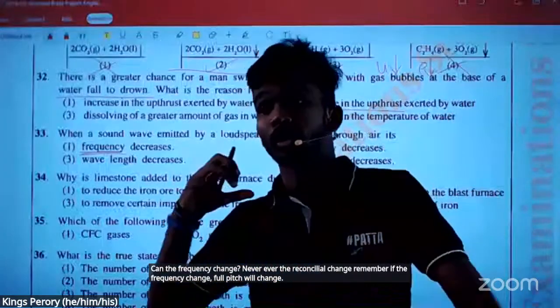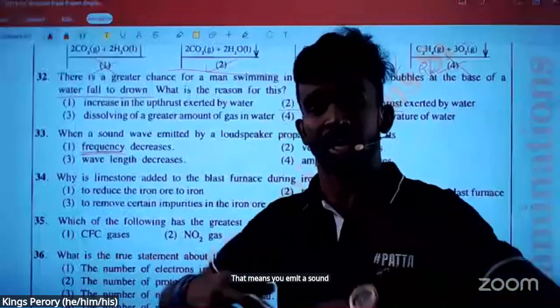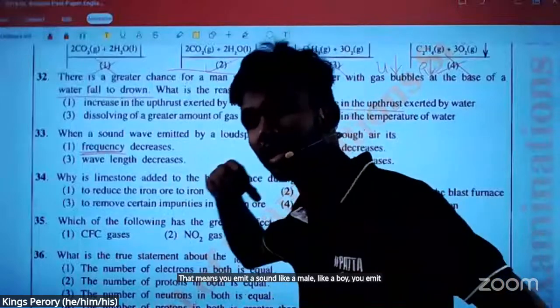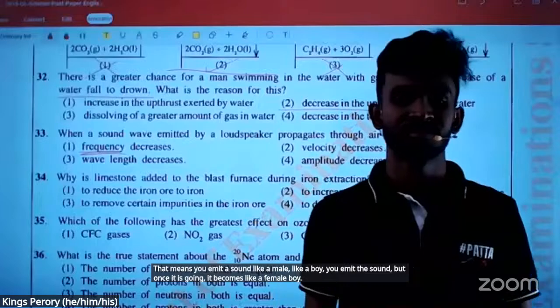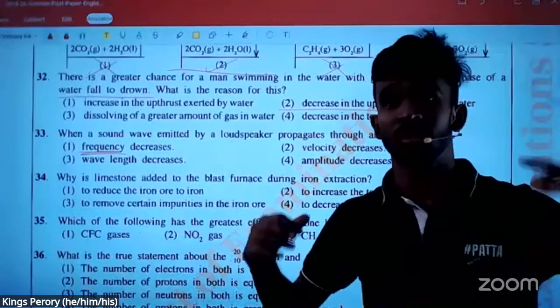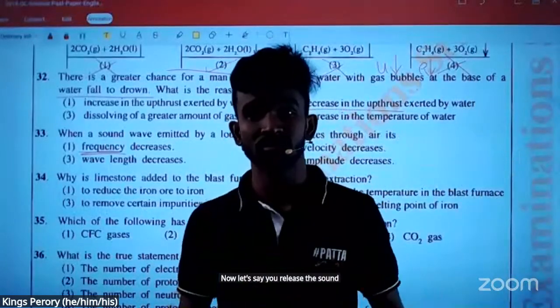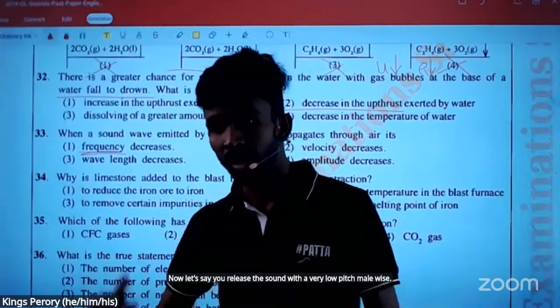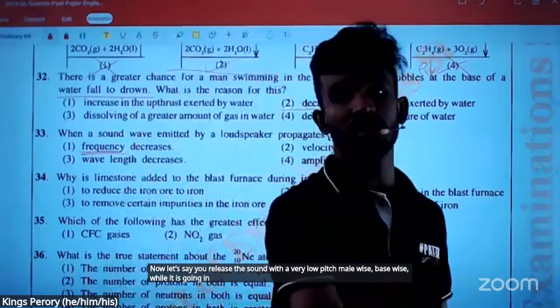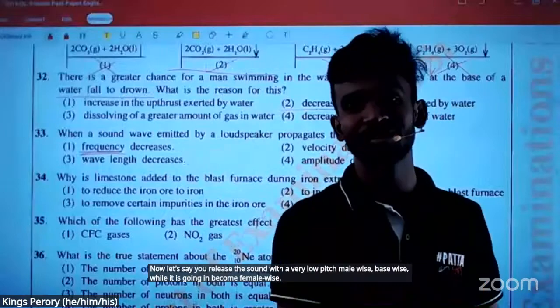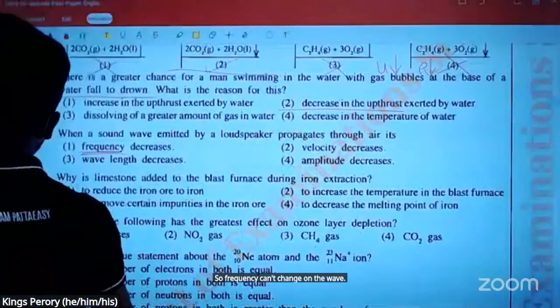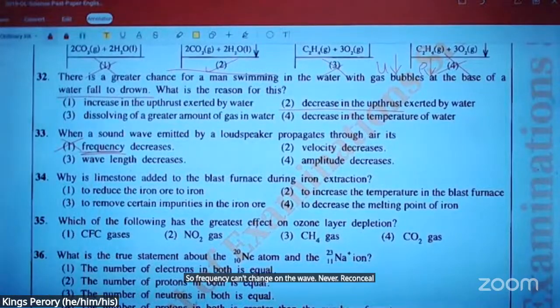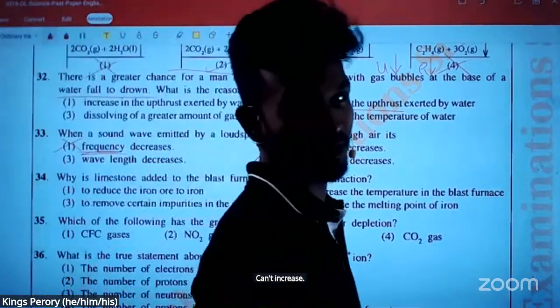That means if you emit a sound like a male, like a boy, while it is going, it becomes like a female voice. If you release the sound with a very low pitch, a male bass voice, while it is going, it becomes a female voice. The pitch can't change on the way. So frequency can't change on the way. Never. It can't increase, can't decrease on the way.